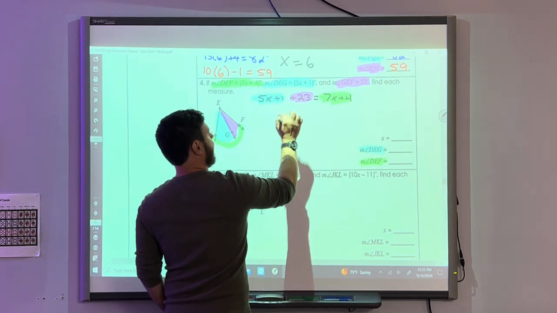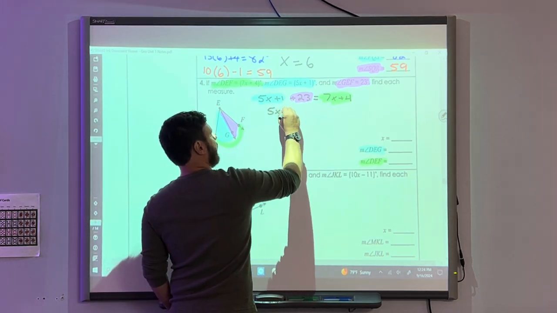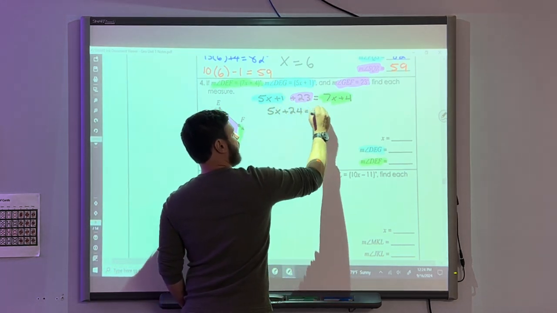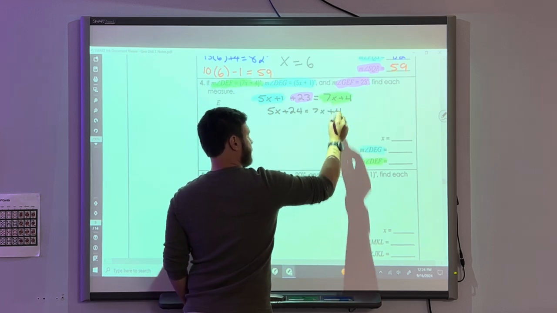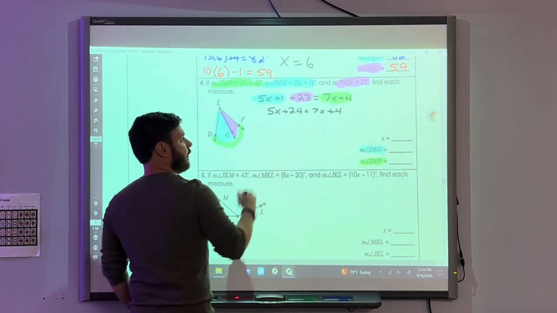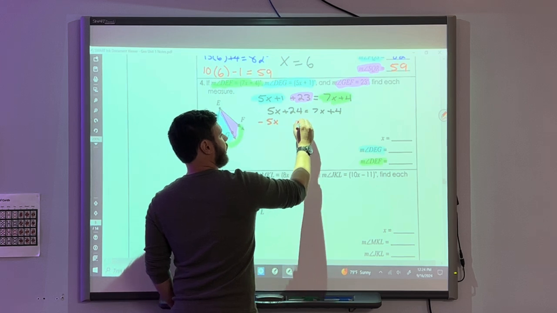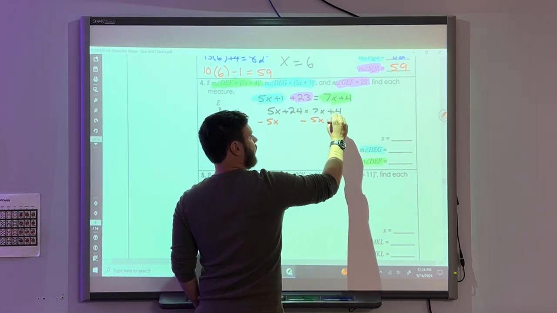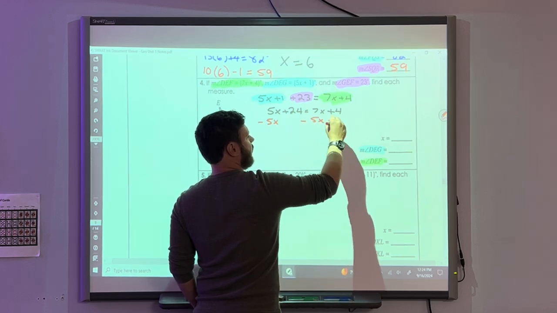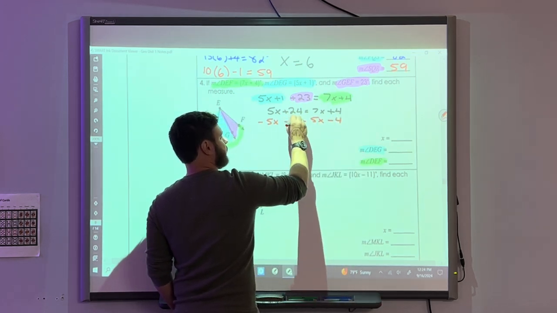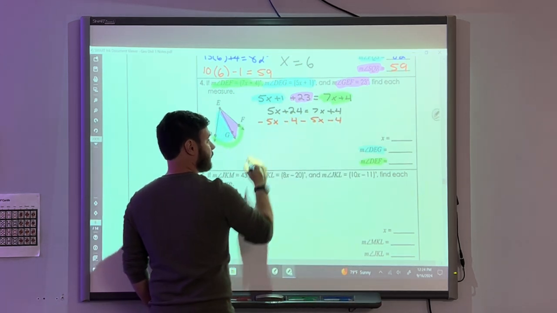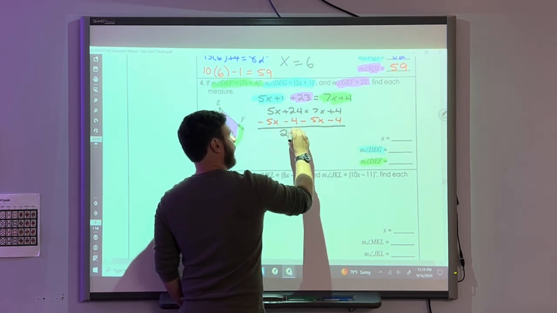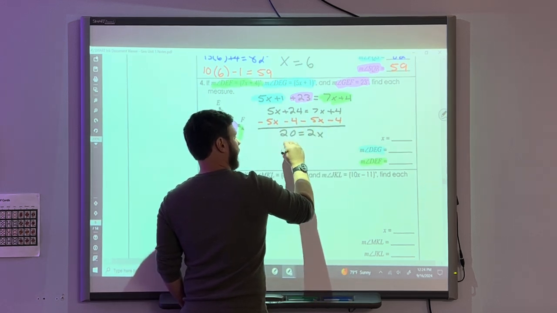Now I'm going to combine my like terms. 5x plus 24 equals 7x plus 4. Move the smaller variable right to left. Left to right. The right needs to give something back. 20 equals 2x, so x equals 2.